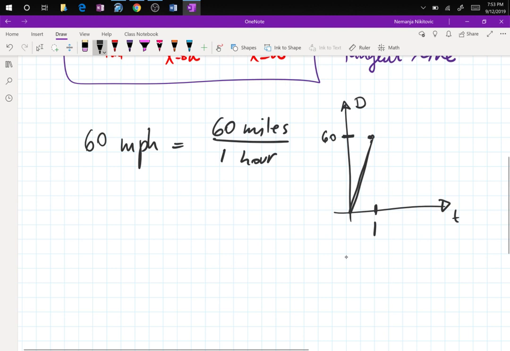When you're driving 60 miles per hour, you are covering 1 mile per minute, right? Because you have 60 minutes in 1 hour. So if you're driving 60 miles per hour, you are driving 60 miles in 60 minutes. 60 divided by 60 is 1. So you're covering 1 mile per minute.